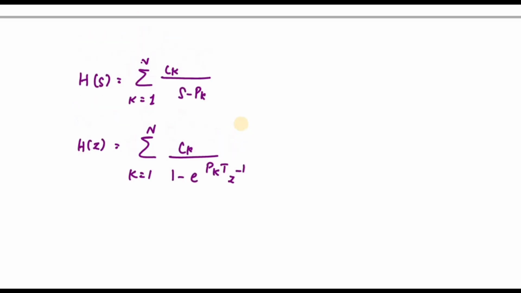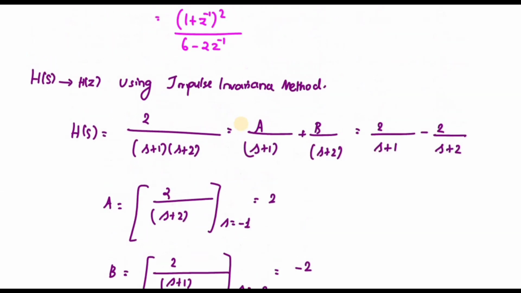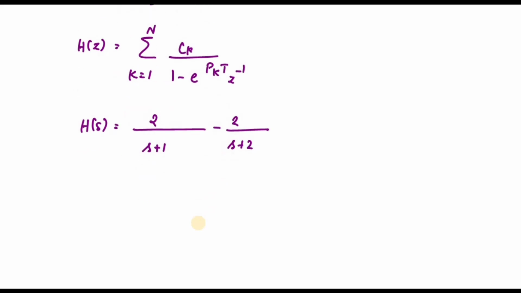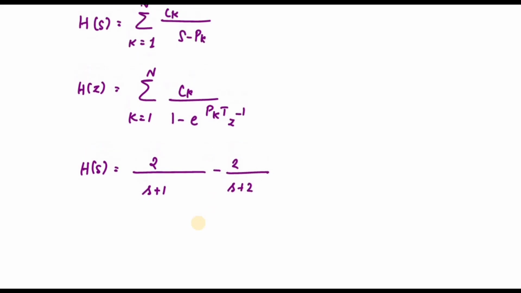So what they are mentioning is, the above equation, H(s) is nothing but 2 divided by (s plus 1) minus 2 divided by (s plus 2), right? This is my equation. So here I can write this as 2 divided by (s minus of minus 1) minus 2 divided by (s minus of minus 2), right?